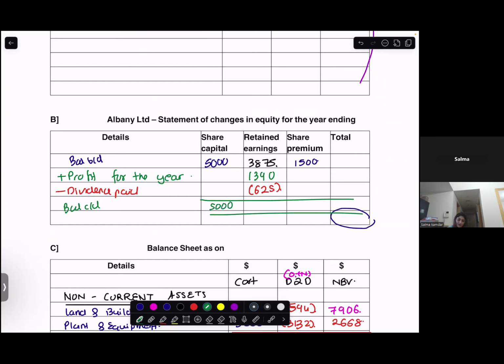Retained earnings is how much? 3875 plus 1390 minus 625. Your retained earnings is 4640.